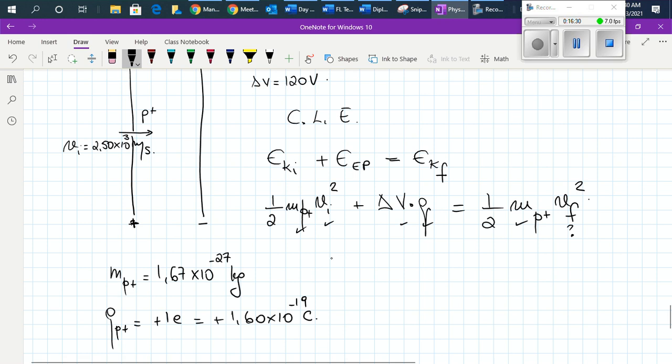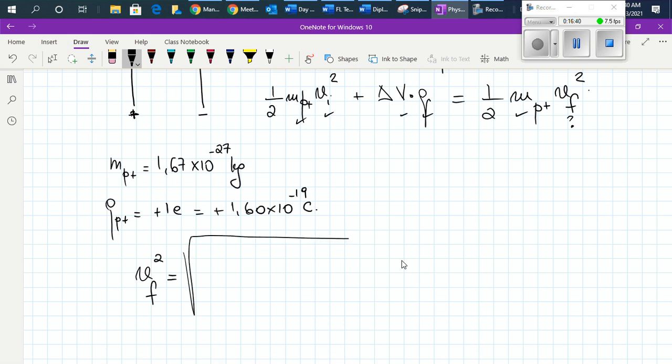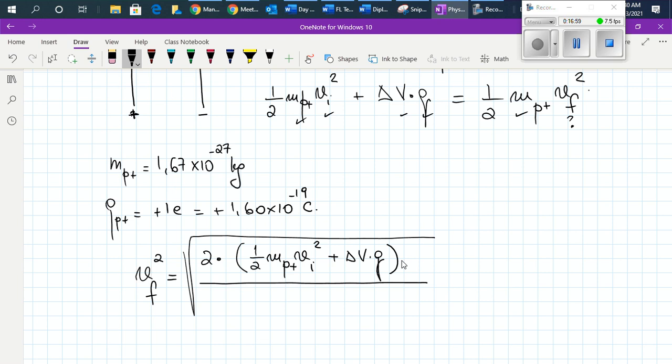So if we want to go with the literal equations, then we find that V final is equal to the square root of 2 times 1 over 2 mass of the proton V initial squared plus delta V times charge of the proton, the whole thing divided by the mass of the proton, and then the result is square rooted.